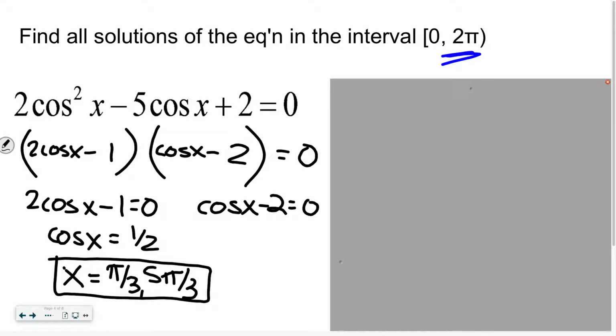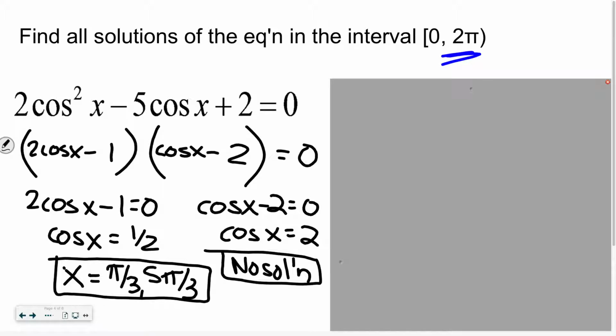The next factor will be cosine x equals 2. There are no angles, right? The only outputs for cosine are between negative 1 and 1. So it just produces no solution. Don't force something. Don't make magic. Just do the math, whatever it says.